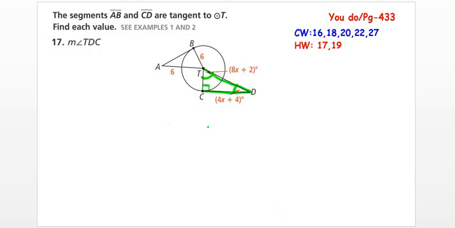Now quickly I want to tell you something. Some students write the equation like this, because first of all you have to get the value of x, right? They write 8x plus 2 plus 4x plus 4 plus 90 will be equal to 180.